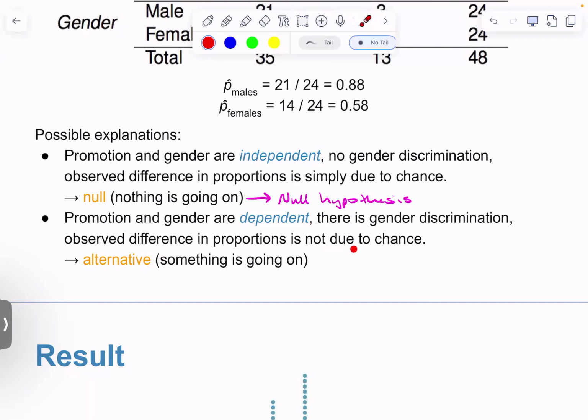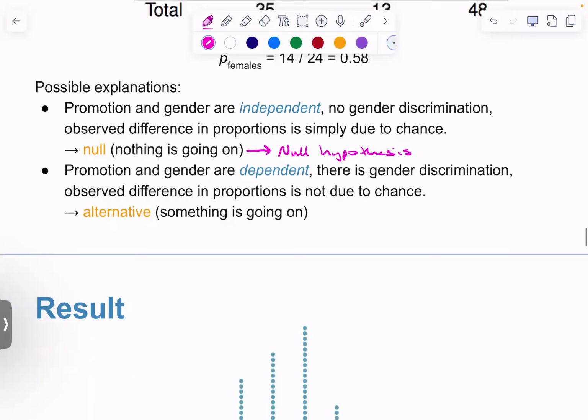This is what we call our alternative hypothesis. We'll always have these two competing claims in hypothesis testing.